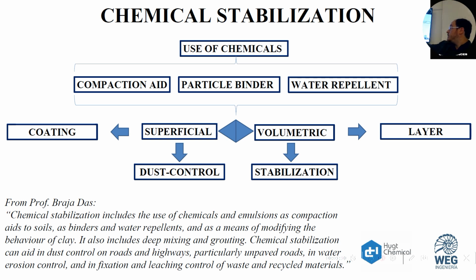So this gives us two possibilities: a volumetric application, that means mixing the chemical with the soil and water. That is what we usually consider stabilization, what is called in the industry stabilization. Also, we have superficial application, that is basically spray over a surface to create a coating, and that is what in the industry is known as dust control.